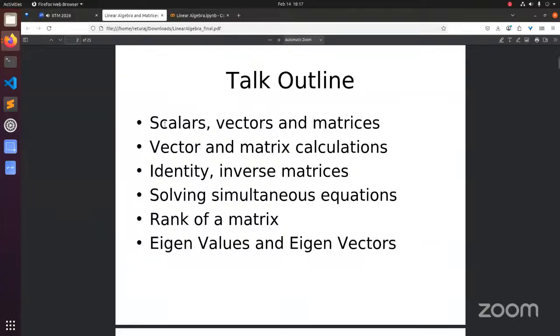So we'll look into scalars, what vectors are, how matrices are constructed, what each of these terms mean, how we do vector and matrix calculation, what the identity matrix is, when the inverse of a matrix exists, what it means to have an inverse of a matrix, how we solve linear equations, what the rank of a matrix means, and eigenvalues and eigenvectors if time permits.